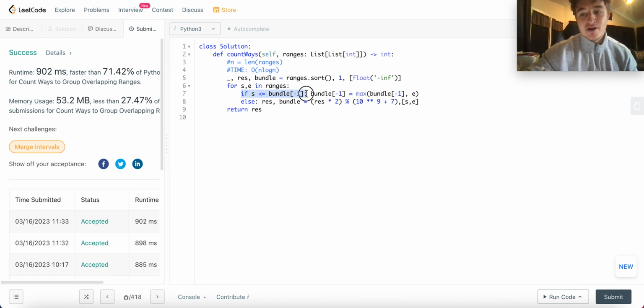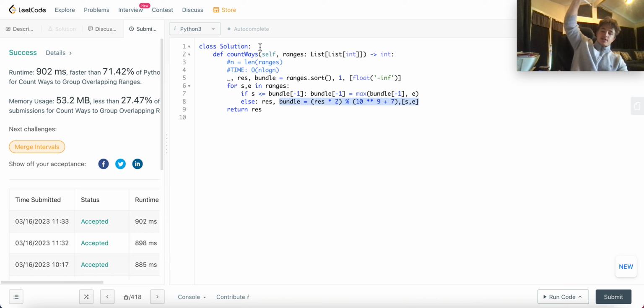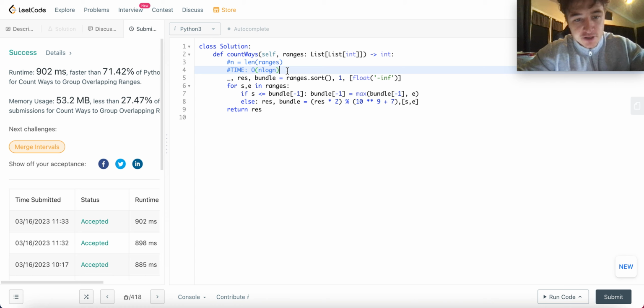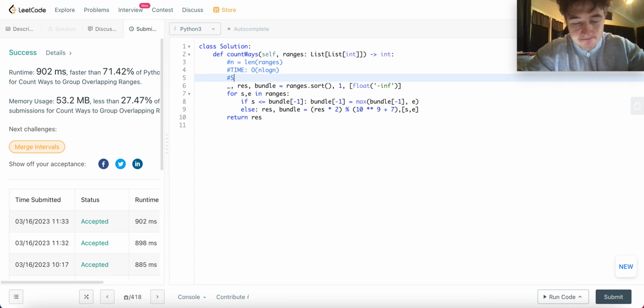We make a comparison and then we set some value depending on that comparison. So that's n log n plus n, but n log n is going to overshadow n for large enough n. So we just say that n log n is sufficient here to explain this time complexity.